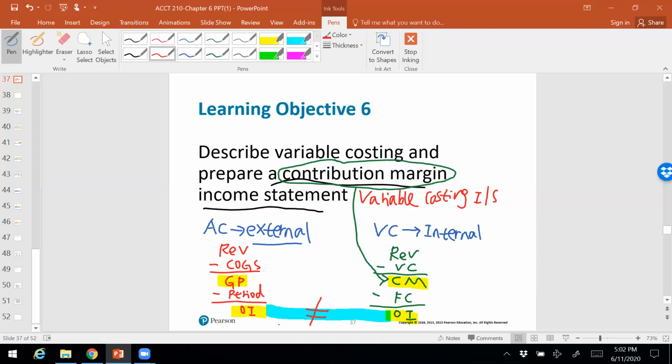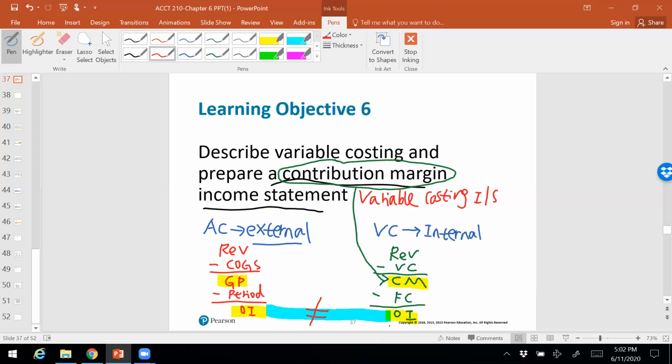But sometimes this operating income will be higher. Sometimes this operating income will be higher. You say, what the? So we will look at the detailed number and then figure out why they may be the same. Why they are not the same?